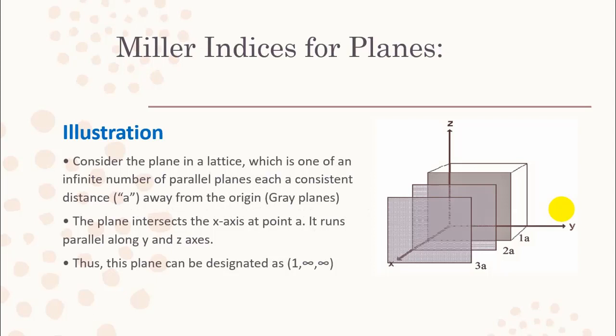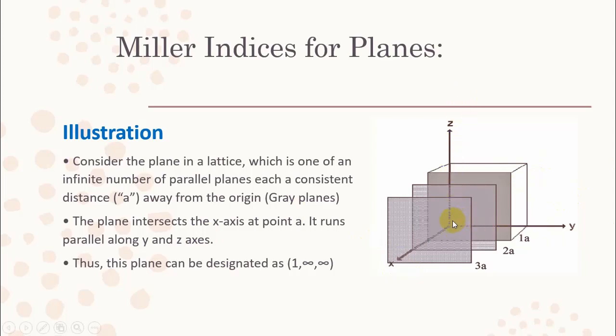Consider a plane in a crystal lattice, which is one of the infinite number of parallel planes, at a consistent distance a away from the origin. Here we can see the axis representation from origin. This is along x-axis, this is along y-axis, and this is along z-axis.